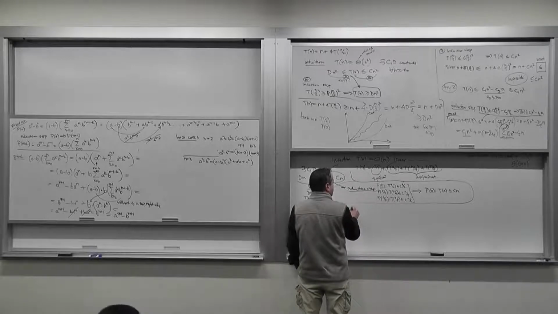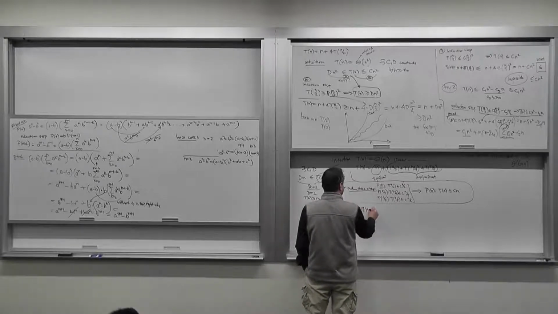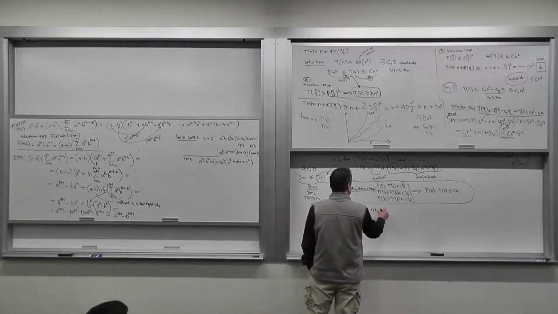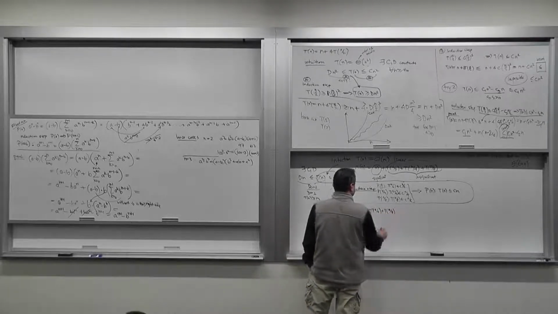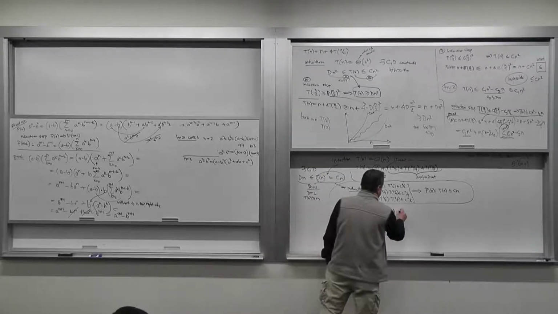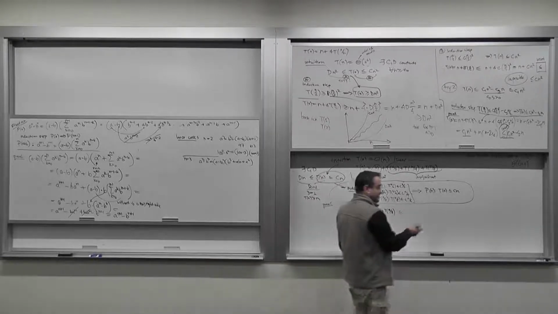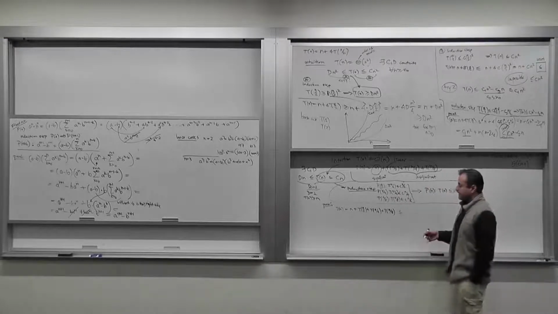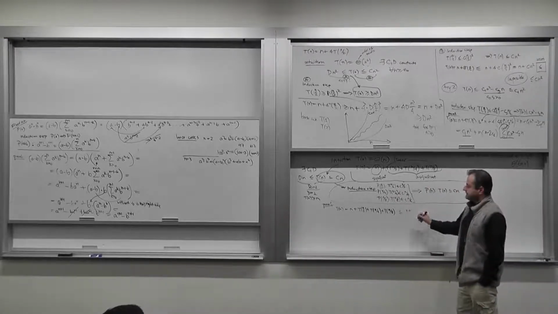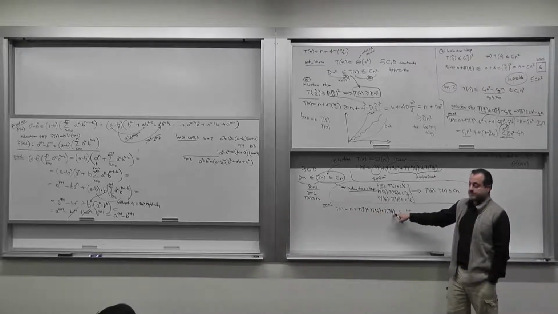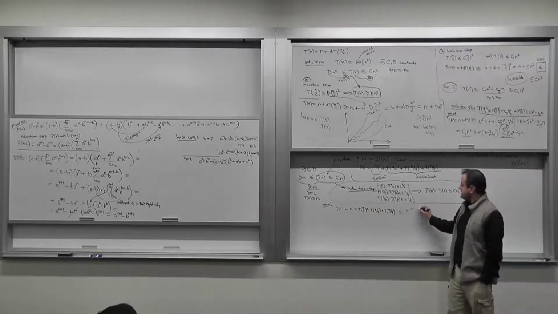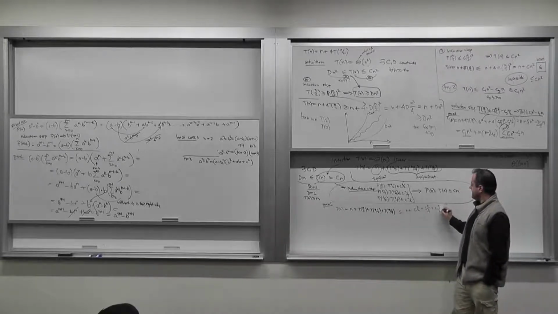So T of n is n plus T of n by 2 plus T of n by 4 plus T of n by 8, right? That's the proof. What happens if I use the induction hypothesis here? I get n plus, since I know these are smaller than, Cn by 2 plus Cn by 4 plus Cn by 8.